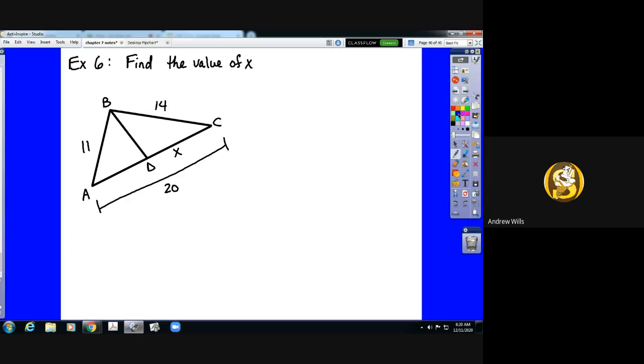If you're stuck on the setup, remember that if the entire length of AC is 20 units and CD is x units, then AD is 20 minus x units. So hopefully that'll unstick those of you that are staring at it.